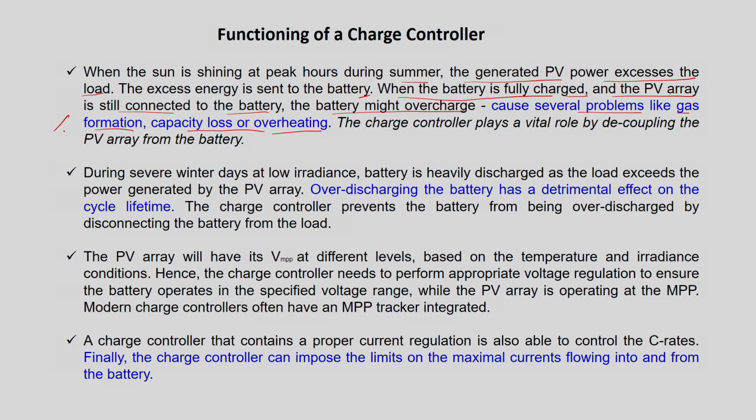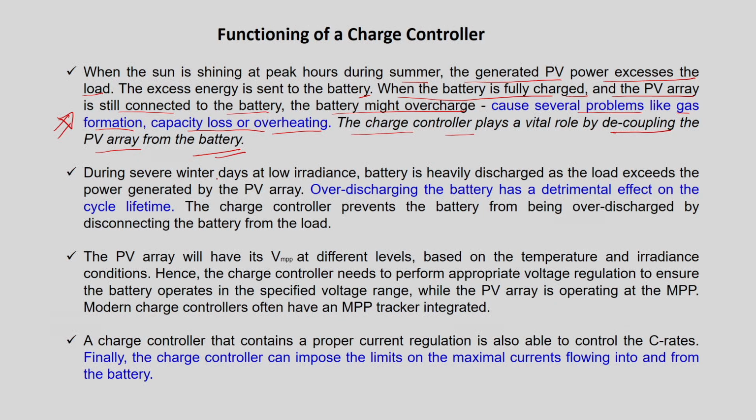So, this is one concern, but if we have a proper charge controller, it plays a vital role by decoupling the PV array from the battery, right. This is how the charge controller is useful in maintaining the proper life of a battery in a standalone PV system.